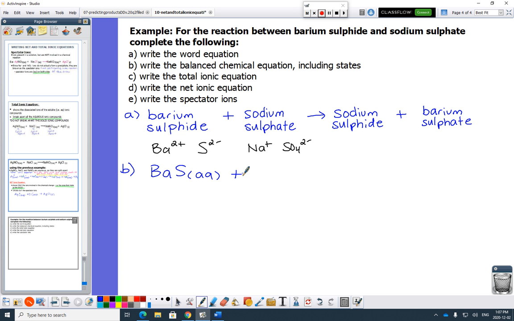Sodium and sulfate. So this time when you cross, the 2 is going to go down here. So we have row 9 is sulfate, or the first one. Maybe now you're like, okay, if I see an alkali ion, I know it's soluble.